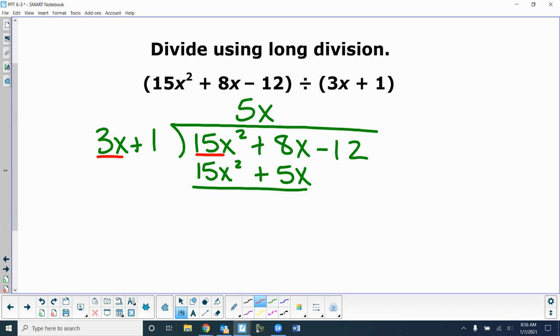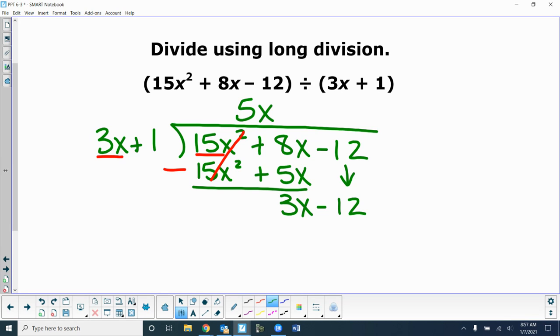Now subtract. What's 15x squared minus 15x squared? 0. That's what you want to happen, right? What's 8x minus 5x? 3x. Bring down the next term, so minus 12.